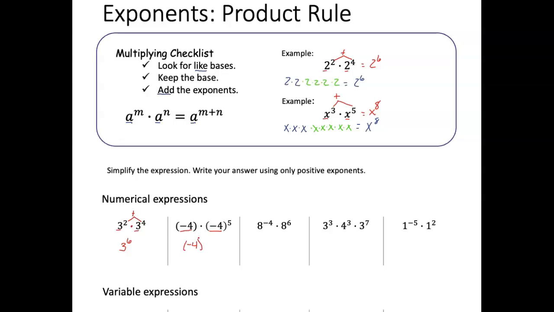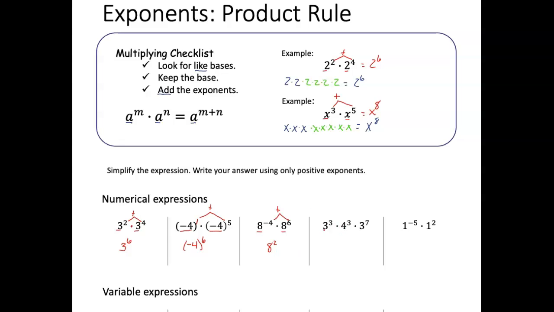Add the exponents. Make sure there's not an exponent. Remember, when there's not one, it is 1. So 1 plus 5, 6. 8 to the -4 times 8 to the sixth. Common base is 8. Add the exponents. -4 plus 6, 2.